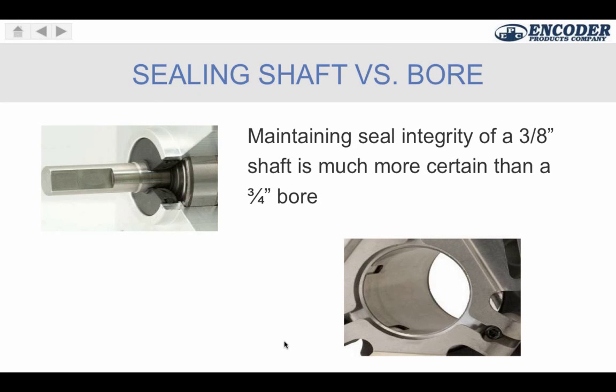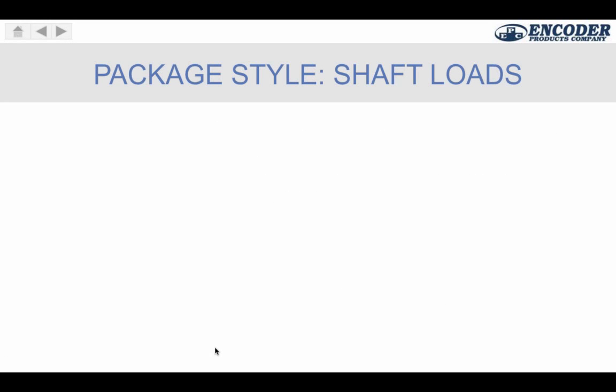It's just easier for us to maintain a seal on this smaller diameter versus a larger through bore. So the area that needs to be sealed is much shorter, and over time, when contaminants are presented to that seal interface, it just becomes more difficult over the lifetime of that encoder to keep it sealed. Shaft sealing is certainly one reason to consider using a shaft encoder.